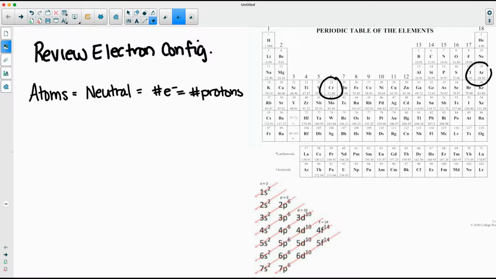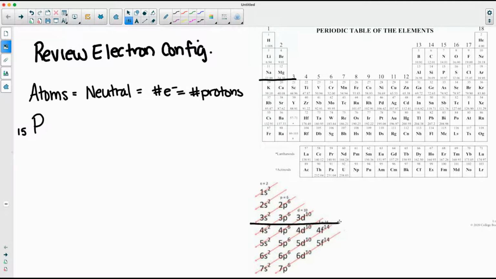Let's do one more of these, and when we're done doing it, we can also do its orbital diagram. So let's do the electron configuration for phosphorus, which has the atomic number of 15. It is in period 3, which means that I only go to 3 being the first principal quantum number.